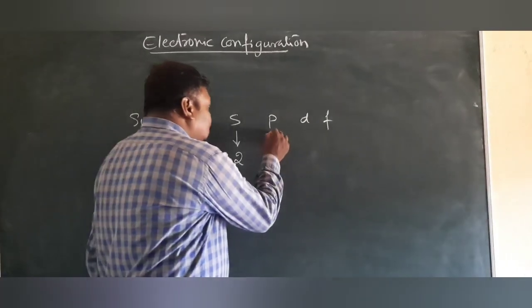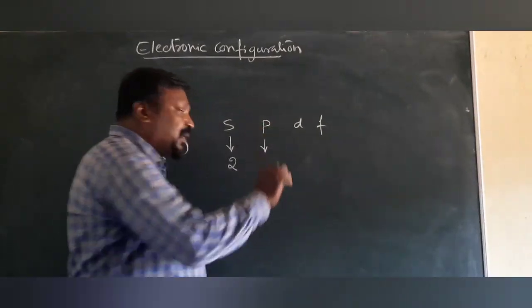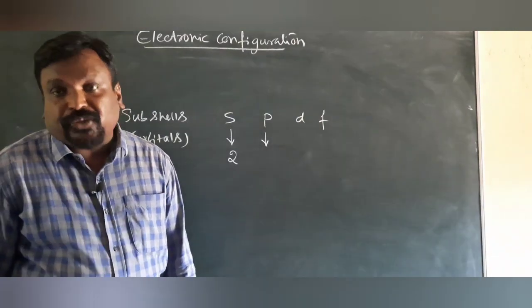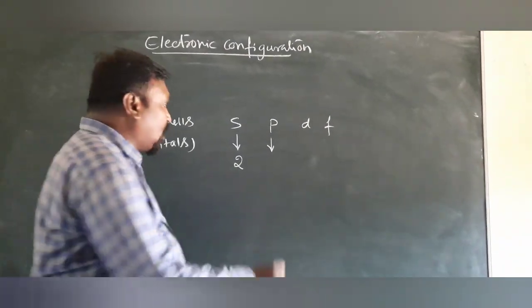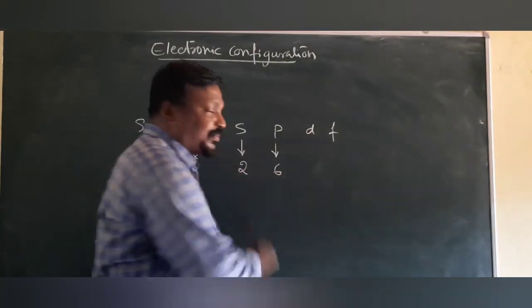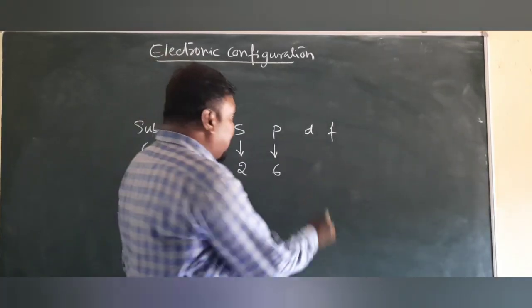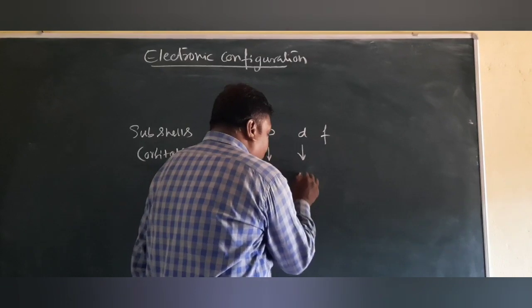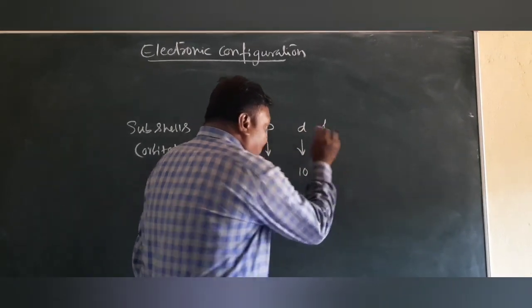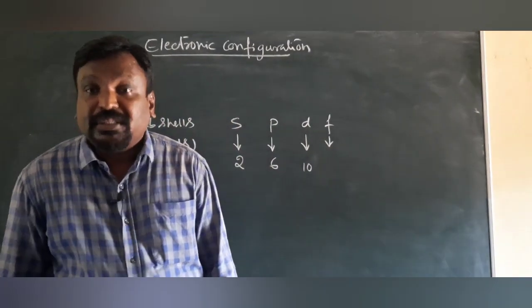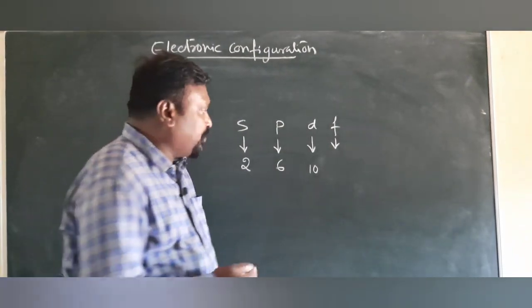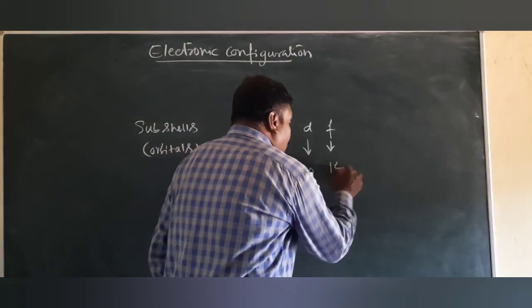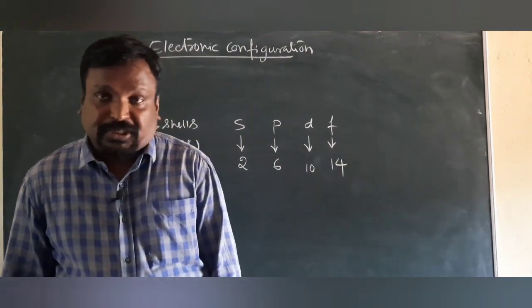And then come to P, the maximum number of electrons that P can accommodate is 6. And if you come to the D orbital, the maximum number of electrons will be 10, and if you come to the last one, that is F subshell or orbital, it can accommodate 14 electrons.